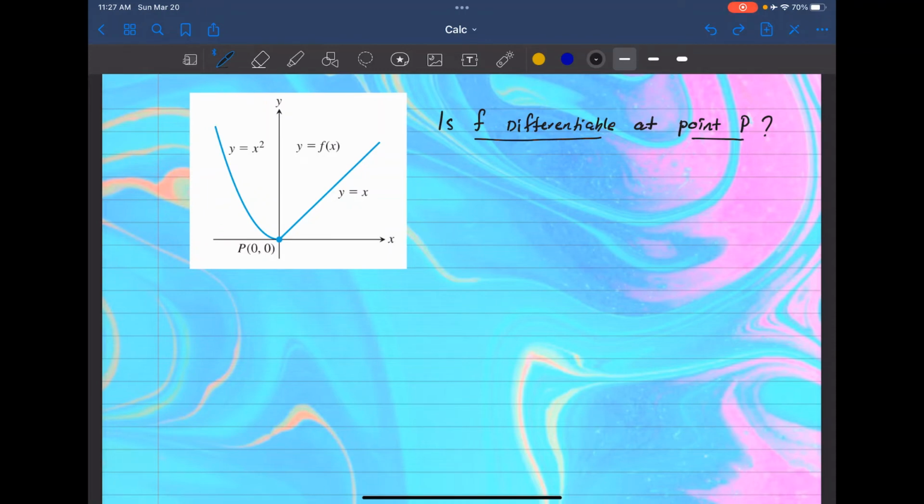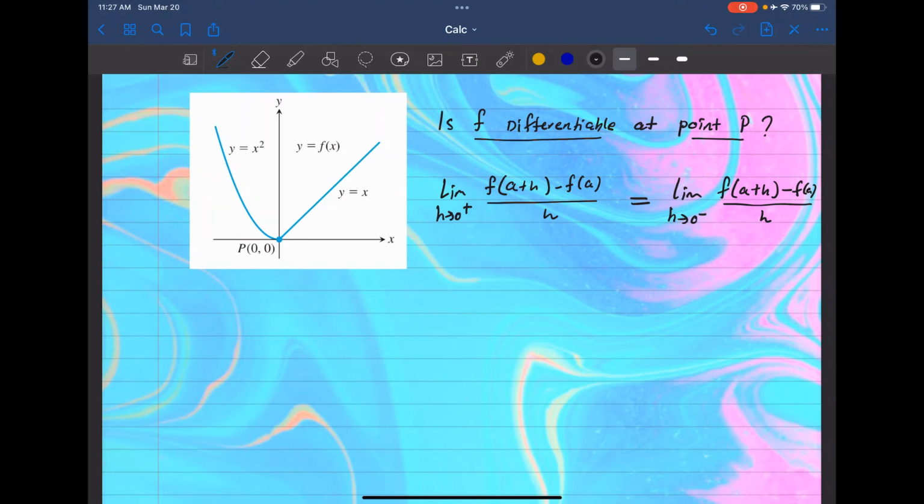So we'll show that if the limit as h approaches 0 from the right of f of, let's say, a plus h minus f of a all over h, is equal to the limit as h approaches 0 from the left of f of a plus h minus f of a all over h. If these two one-sided limits are equal, then it is differentiable at the point a, which is 0 in this case.